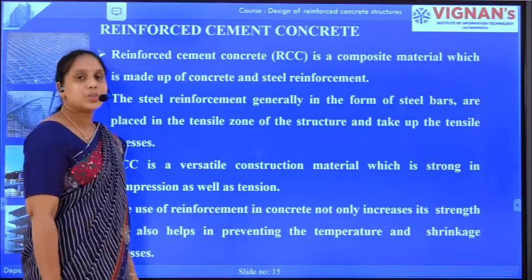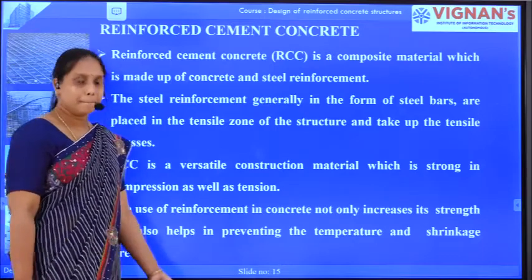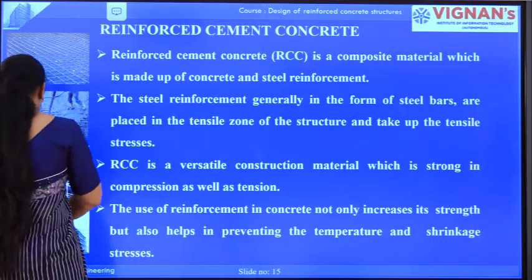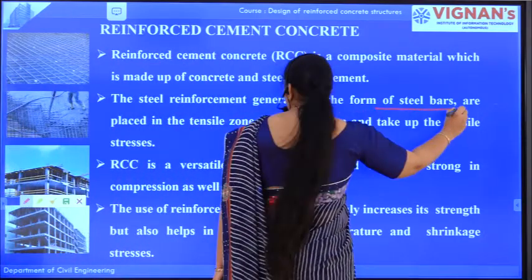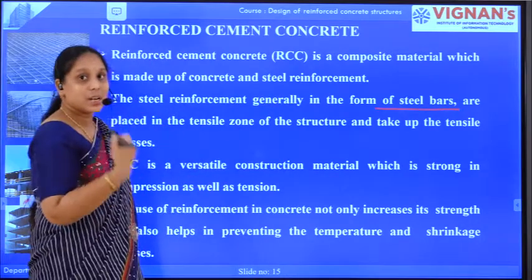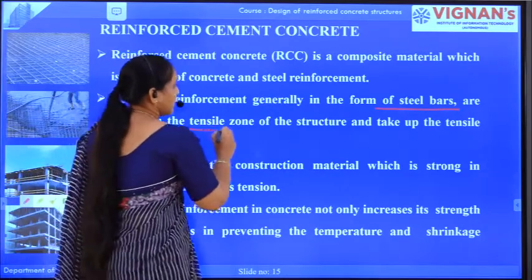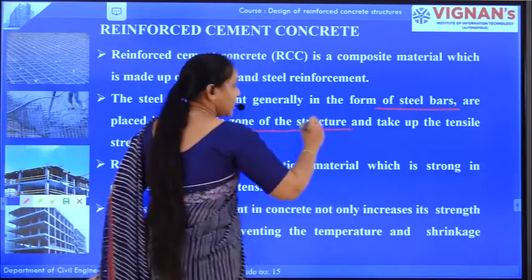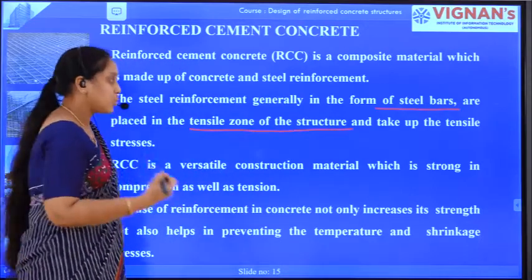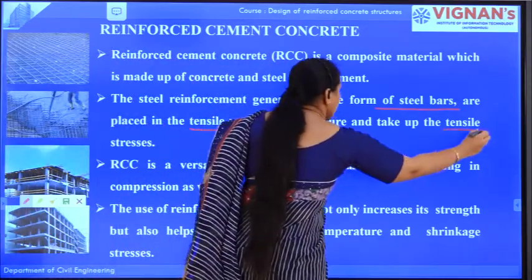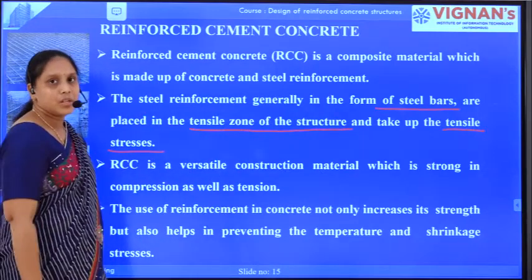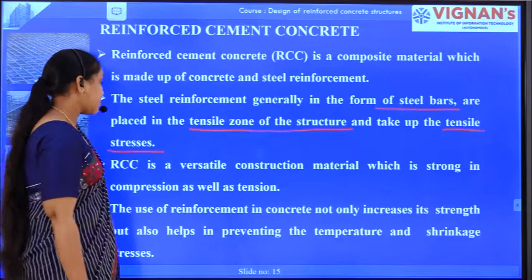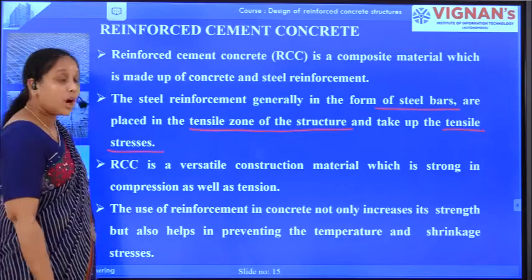Steel is generally used in the form of steel bars, and the steel bars are placed in the tensile zone of the structural member so that they can take up all the tensile stresses which are developed in the structural member.